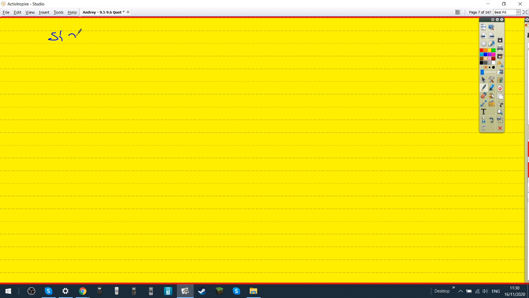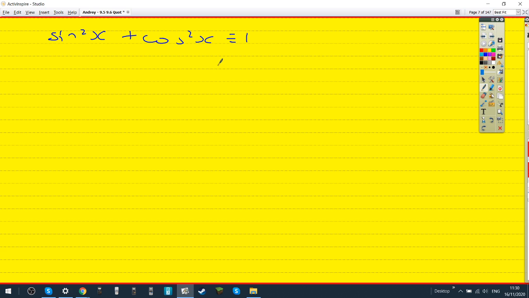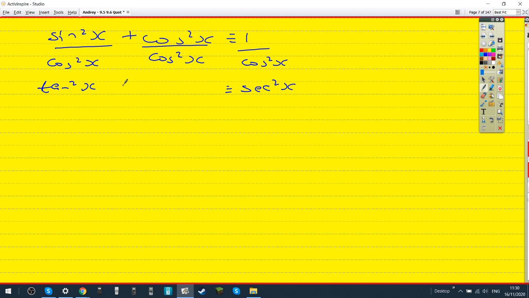Let me just check something quickly. Sine squared x plus cos squared x is identical to 1. We want 1 over cos, so we divide everything by cos. And so that gives us 1 over cos squared over here. What is that equal to? Oh no, sorry. Tan squared x plus 1 equals sec squared x.